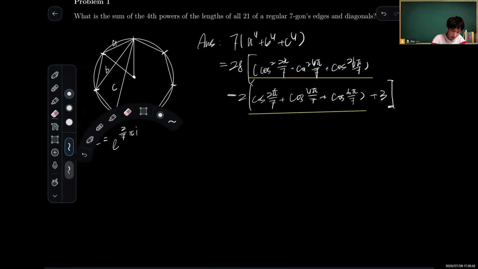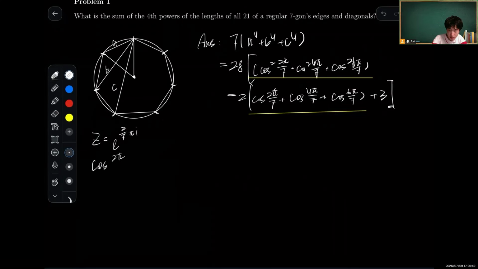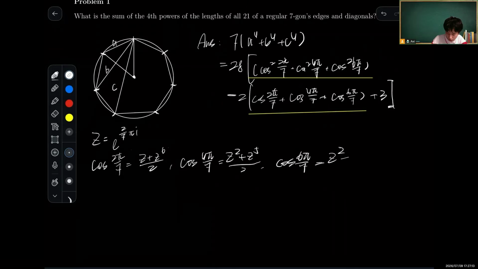We can represent cosine 2 pi over 7 as z plus z to the 6th degree divided by 2, cosine 4 pi over 7 as z squared plus z to the 5th degree over 2, and then cosine 6 pi over 7 is equal to the following values. And then we can square them. Squaring them still leaves very clean expressions. That's the reason we use complex numbers.